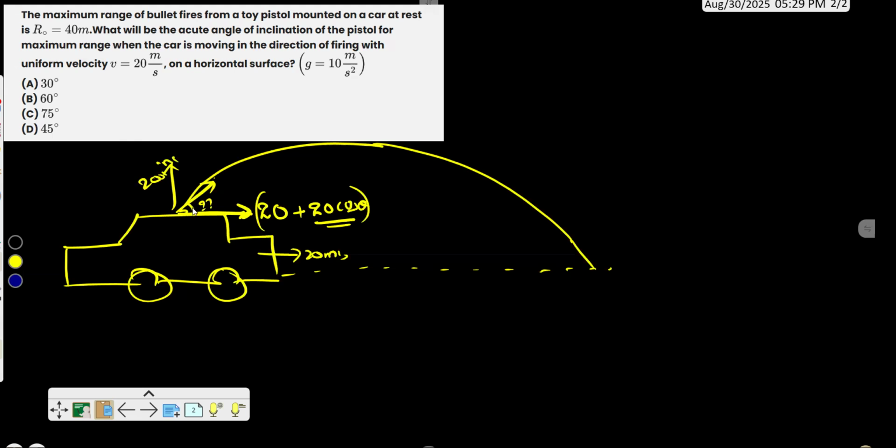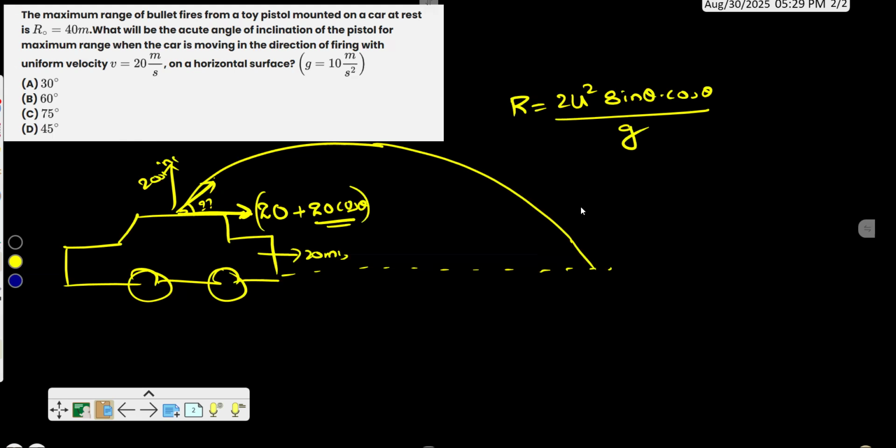He's asking this theta. Now, if I write range, range is equals to 2u square sine theta cos theta upon g. This is my range formula.